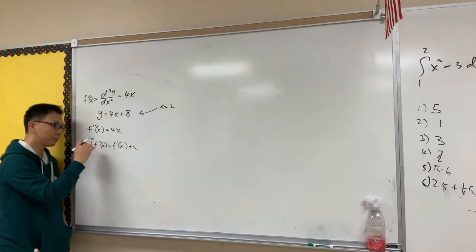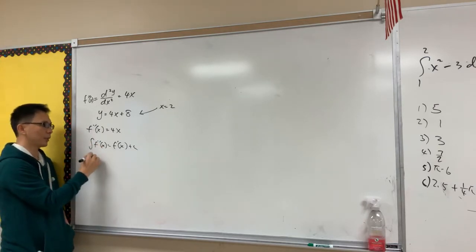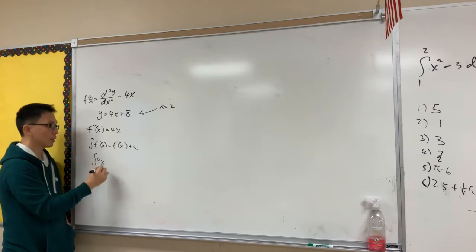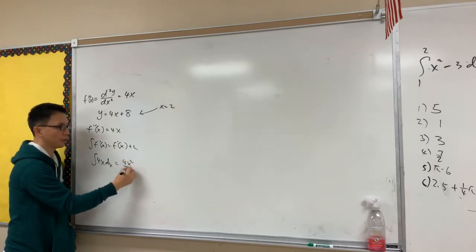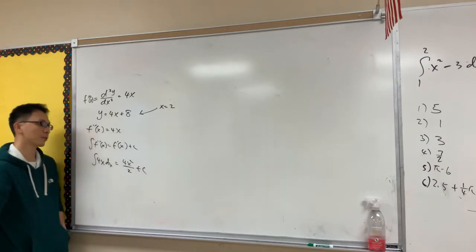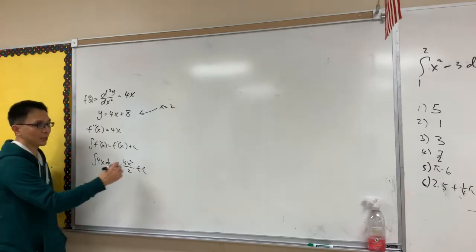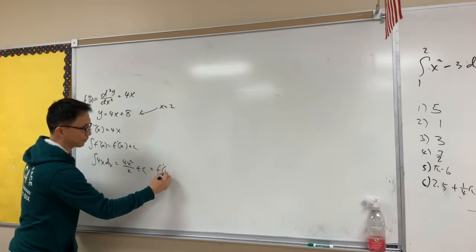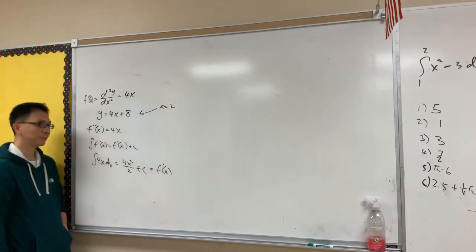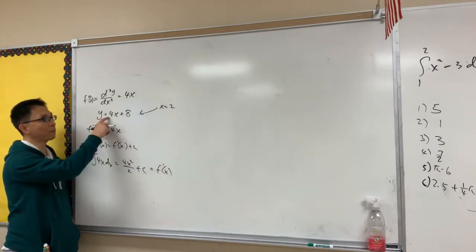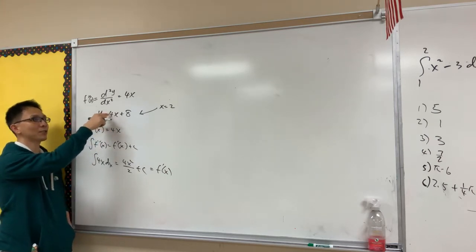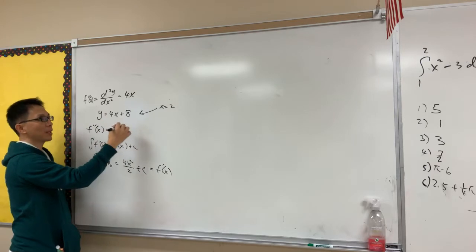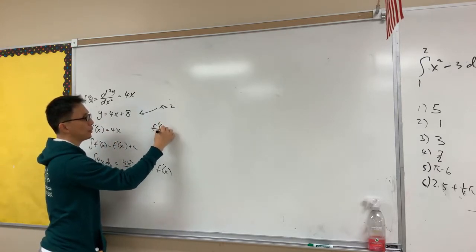If I integrate this 4x, that's equal to 4x squared over 2 plus c, and that's going to be equal to f prime of x. But since f prime of x at x equal to 2 has this slope, this just means f prime of 2.